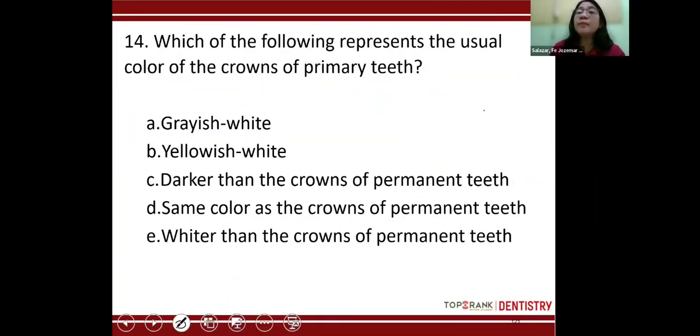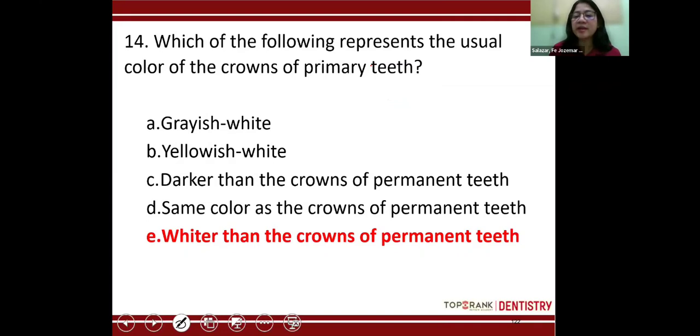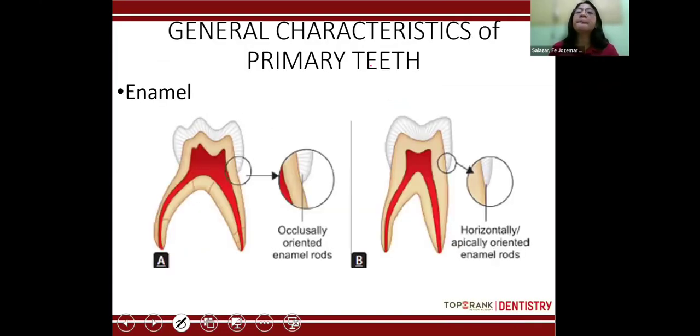Now, number 14, which of the following represents the usual color of the crowns of primary teeth? What's the usual color again? Okay, primary teeth? Yes, it's not grayish white, it's not yellow white, it's not even darker than the permanent. It's not of the same color, but it is whiter than the crowns of your permanent teeth. So number 14, the correct answer is letter E.